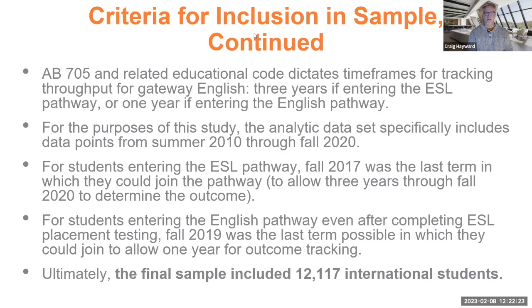The fall 2017 was the last term that we had a full cohort. So data that we were given that was more recent than that wasn't included in the analysis. The ultimate final sample, after we went through all these hoops, was 12,117 international students.